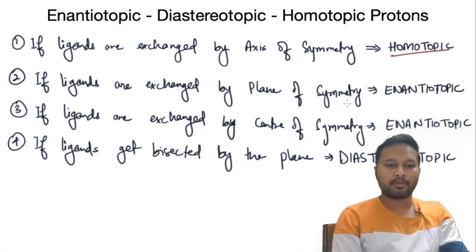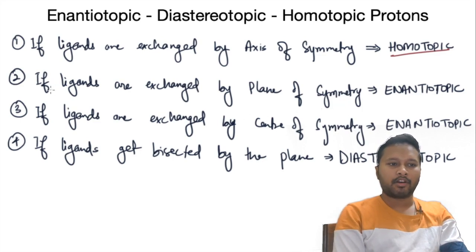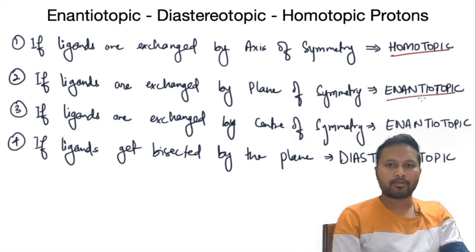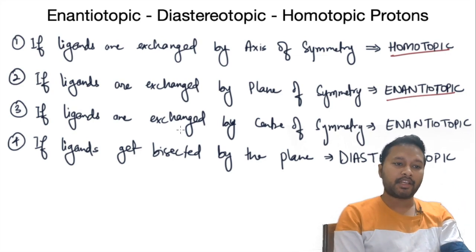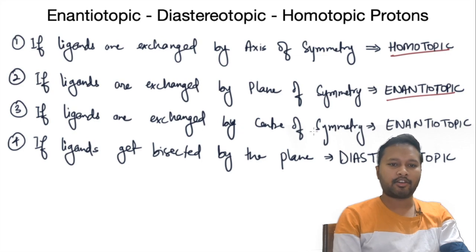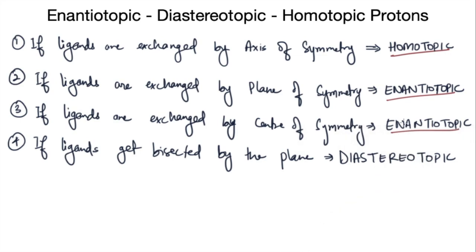The next one: if the ligands are exchanged by a plane of symmetry, then those ligands or protons are called enantiotopic. Then if the ligands are exchanged by the center of symmetry, meaning there is an inversion center in the molecule, then also the groups are called enantiotopic in nature.